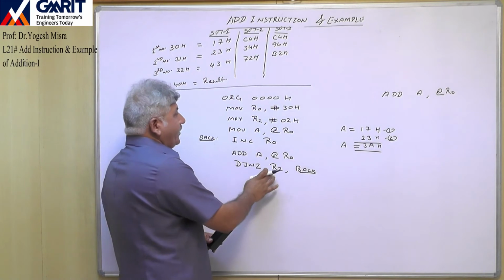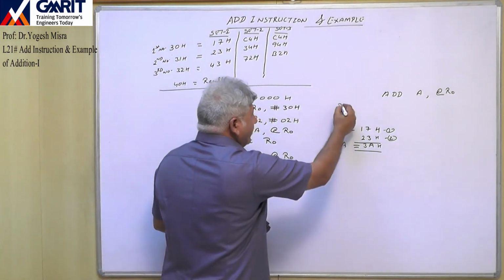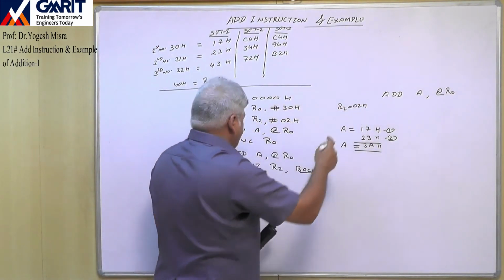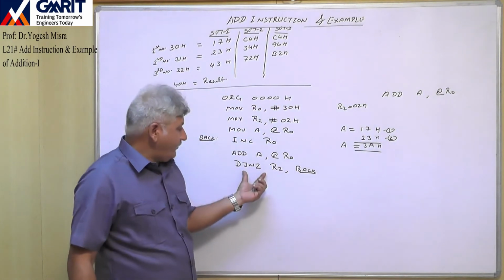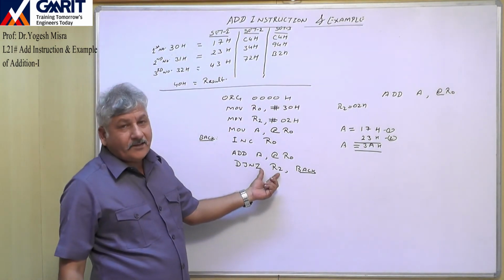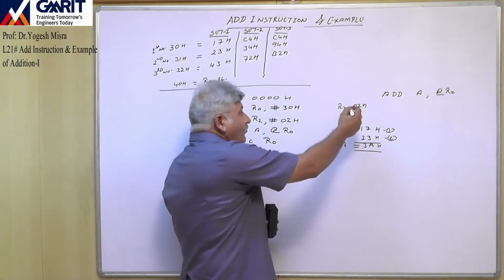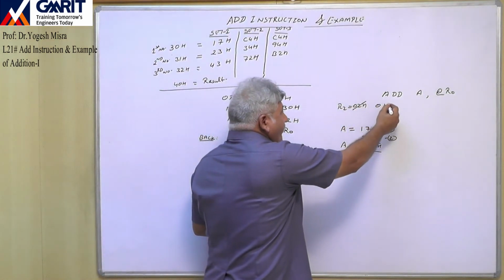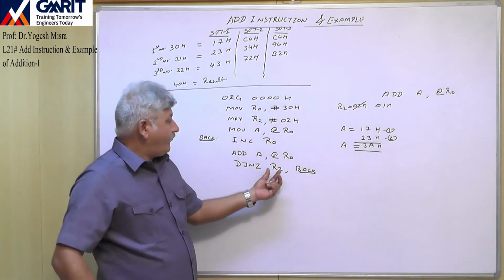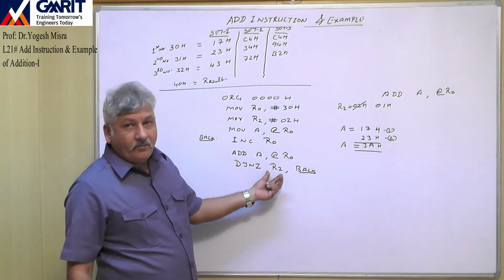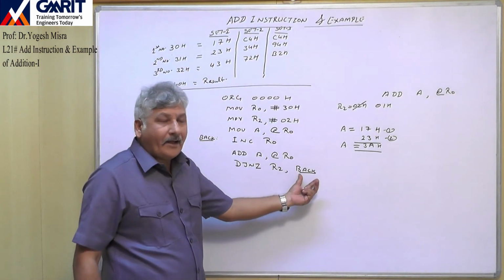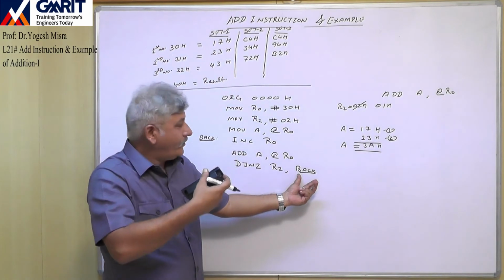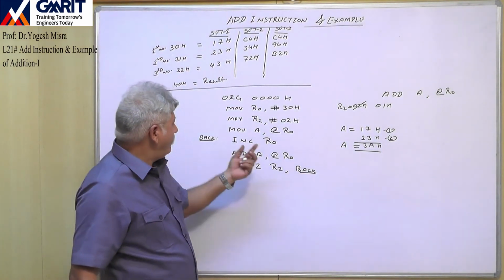So earlier the value of R2 is 02H. Now with this instruction, the value of R2 will be decreased by 1. So now R2 will become 01H. So if the value of R2 is non-zero, go to label back. So since it is 01, that's why program will go to label back.